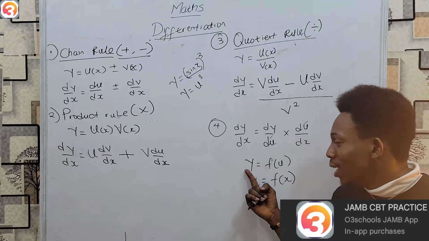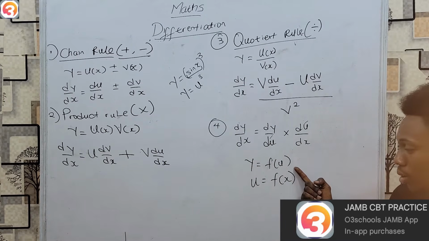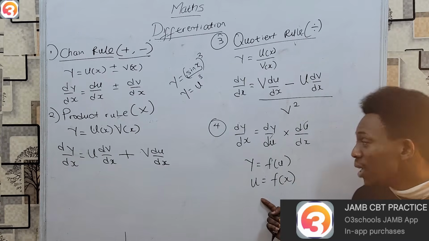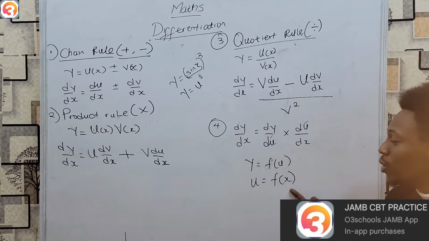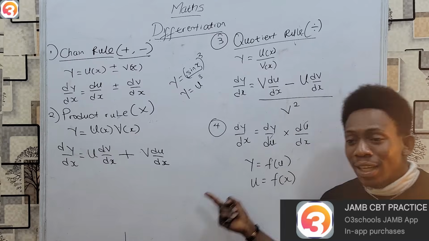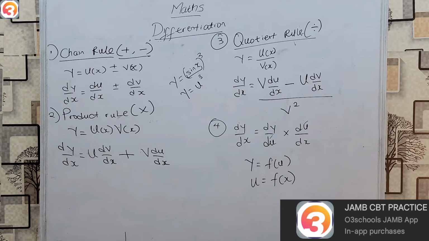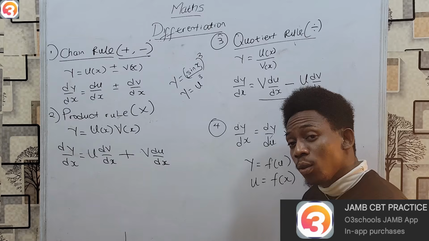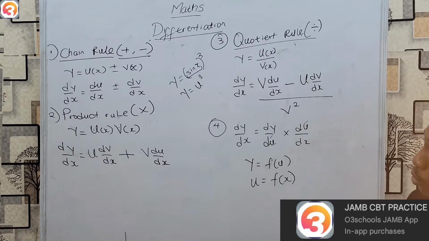If we have y expressed in terms of u and we can express u in terms of x, and what we're trying to get now is dy dx and not dy du, then simply find dy du times du dx. So typically, the u doesn't come in the equation. We create the u ourselves.